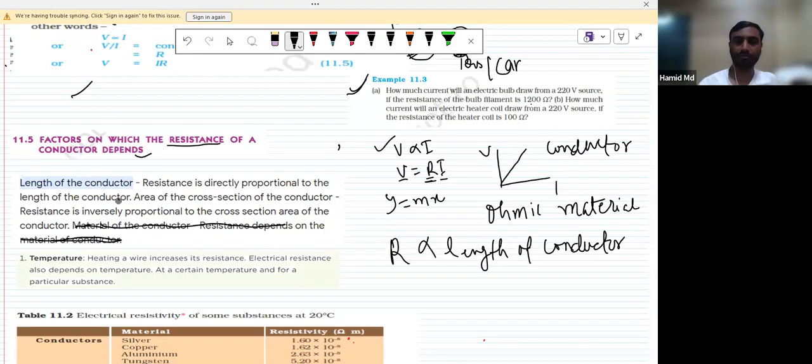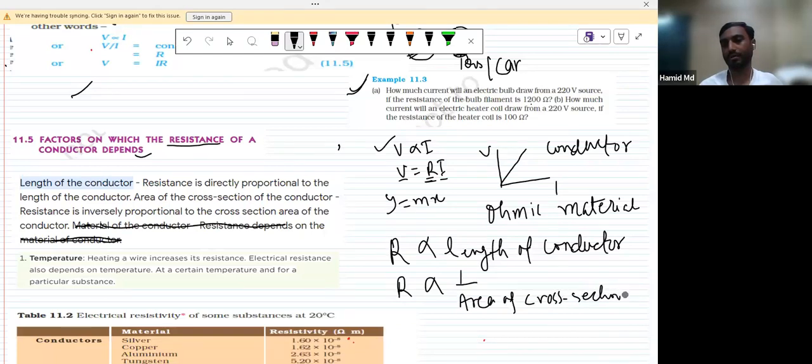So what other factor does it depend on? It's inversely proportional to the area of cross section, right? Directly proportional to length and inversely proportional to the cross section. Apart from this, it also depends on the temperature.